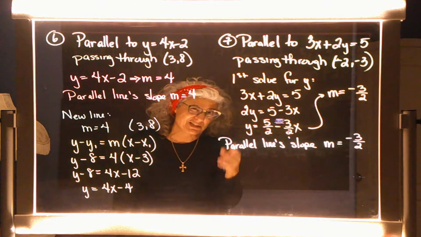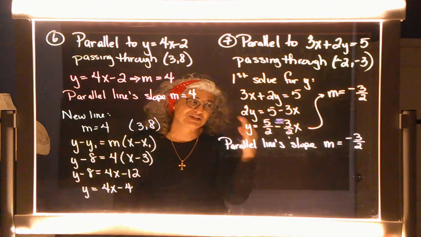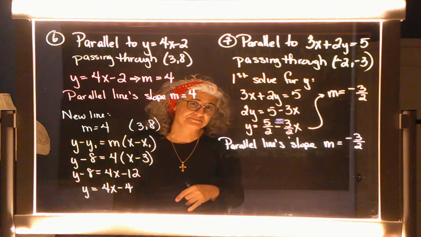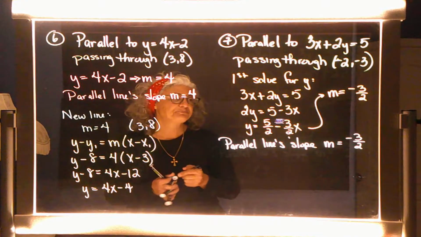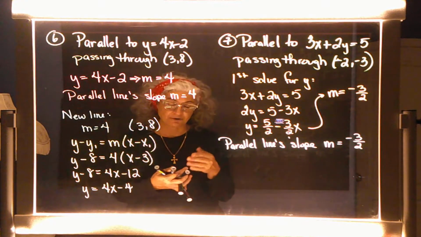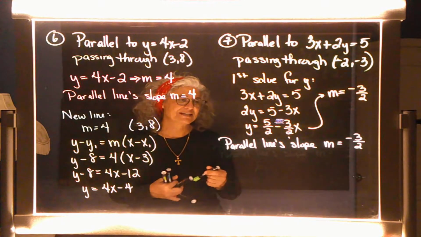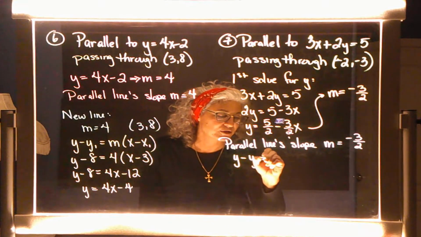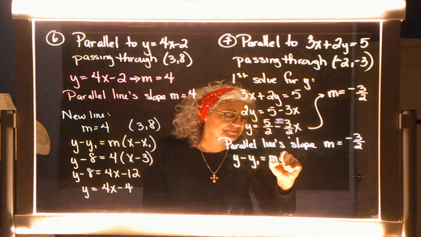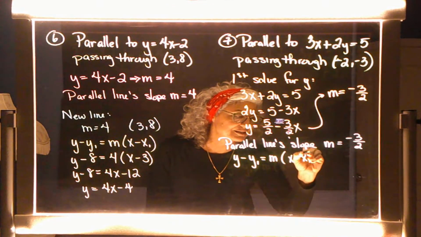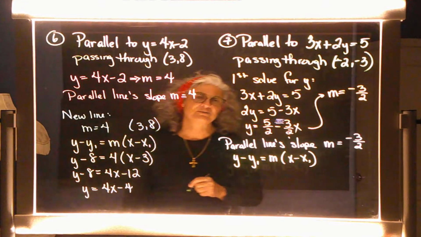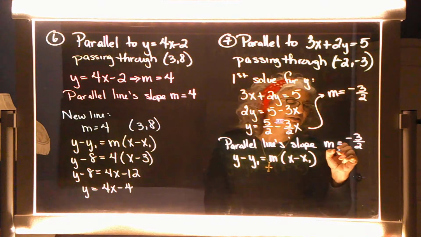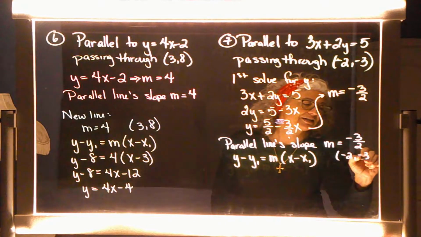Problem number 7 made me do a little more work, didn't it? It made me go find the slope. It made me get the y by itself, didn't it? That's okay. We can handle it. All right. Now, let's get that generic equation written down: y minus y sub 1 equals m times the quantity x minus x sub 1. And, oh, wait a minute. What's the point we're using? Yeah, the point we're using is -2, -3.